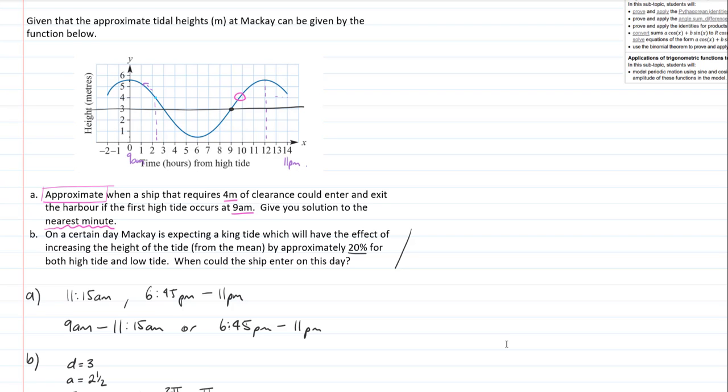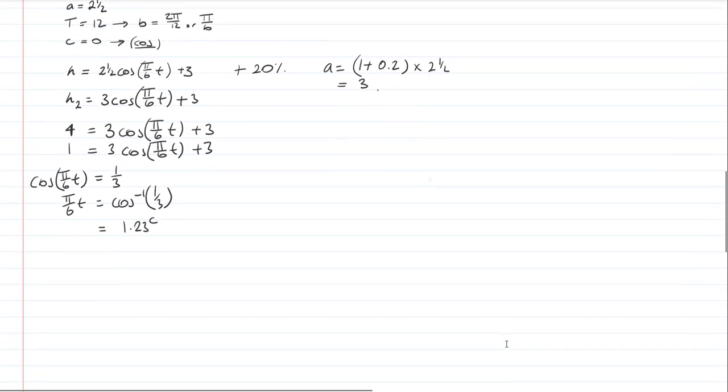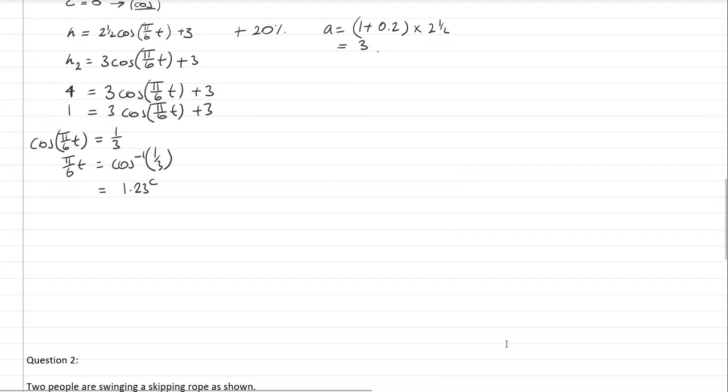Now, keeping in mind that at the moment, because of the graph, I've got an idea of what's happening. I'm going to go from 0 up to, not 12, but I'm going to take it up to 14. So I want my solutions to be t is greater than or equal to 0, less than or equal to 14. Now, I've got pi on 6t though, and I need to find all my solutions in the range first.